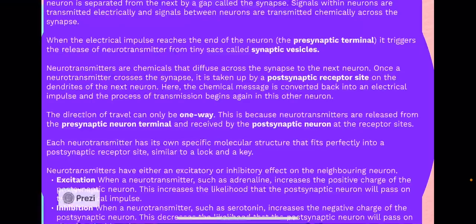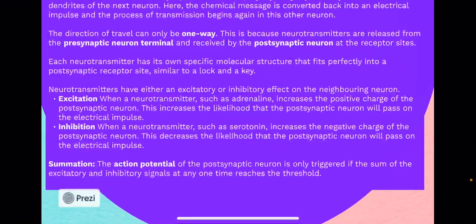So this next part is important. It's this idea of excitation and inhibition, which is mentioned on the advanced information. Neurotransmitters have either an excitatory or inhibitory effect on the neighbouring neuron. Excitation is when a neurotransmitter, such as adrenaline, increases the positive charge of the postsynaptic neuron.